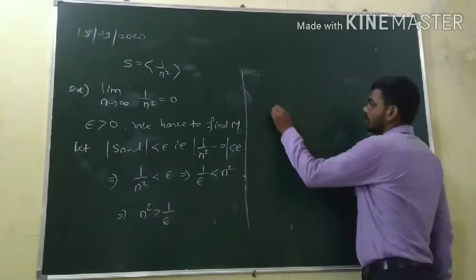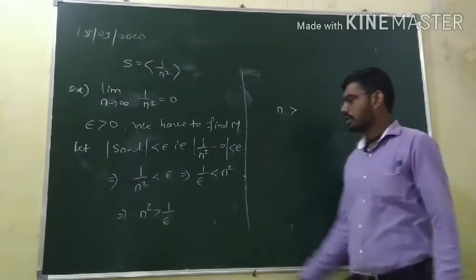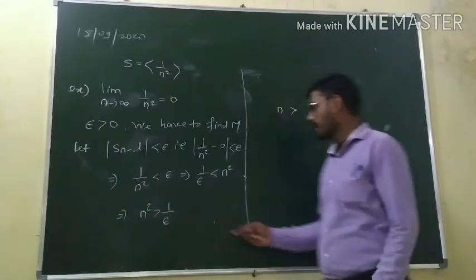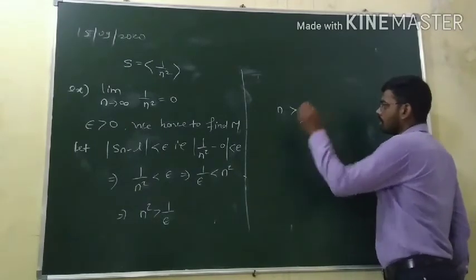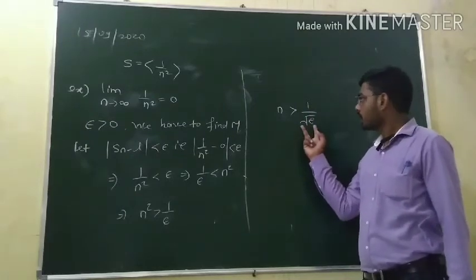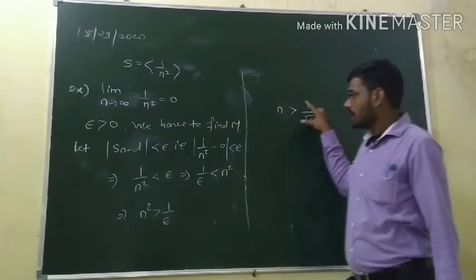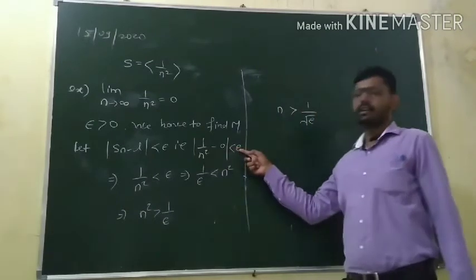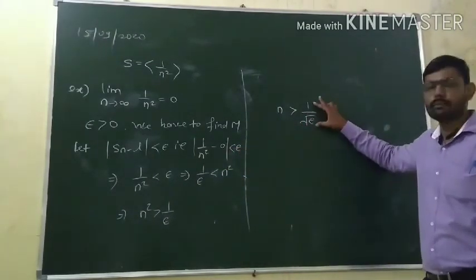So taking the positive square root, we get n, and this side becomes the square root of 1 by epsilon, or 1 by square root of epsilon. So what we get is: whenever n is greater than this value, the difference between the sequence and the limit 0 is always less than epsilon.